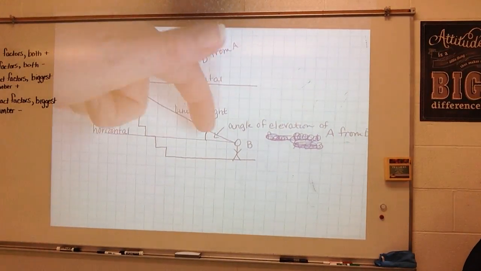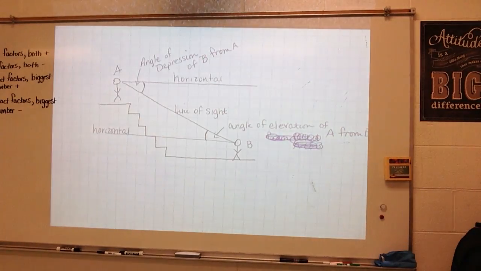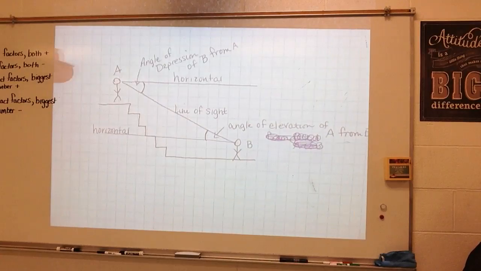Because I'm looking down from A. So that is why it's called the angle of depression. Okay? So if I've got my horizontal and I'm looking down, that's an angle of depression. If I have my horizontal and I'm looking up, that is an angle of elevation. Okay?